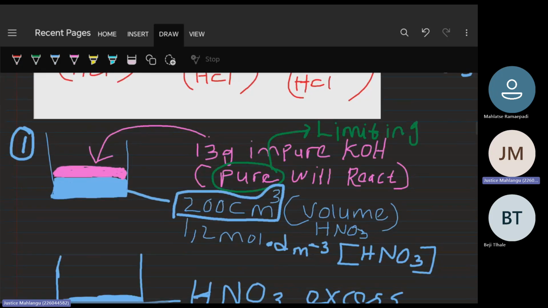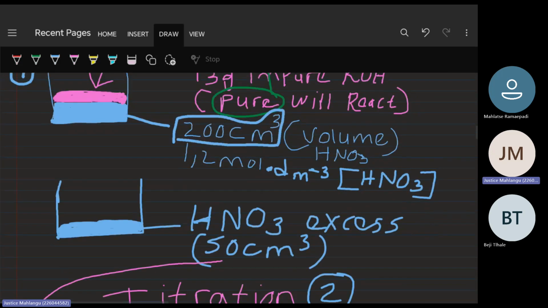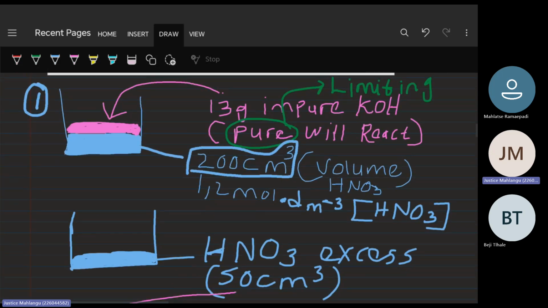We put it in the beaker, and in that beaker we had nitric acid. We know the nitric acid will react with the potassium hydroxide, but a small amount of nitric acid remains in the beaker.